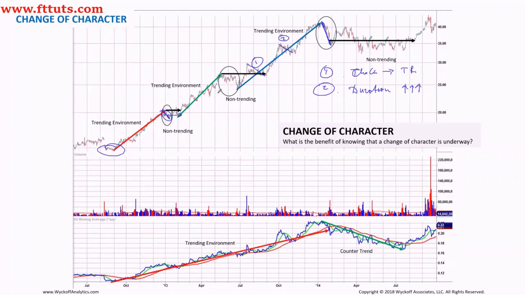The smaller the change of character, the smaller the duration of the range. The larger the change of character, or the larger the presence of the supply, the longer it takes to observe this supply. So therefore, the duration of the range is going to increase.